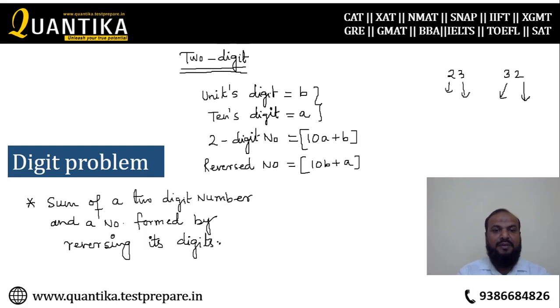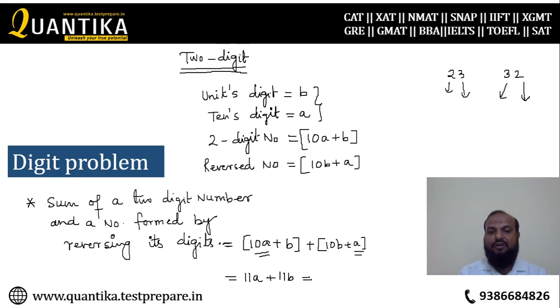Now, what happens? You understand that it is 10A plus B and plus 10B plus A. So 10A plus A becomes 11A plus 11B.